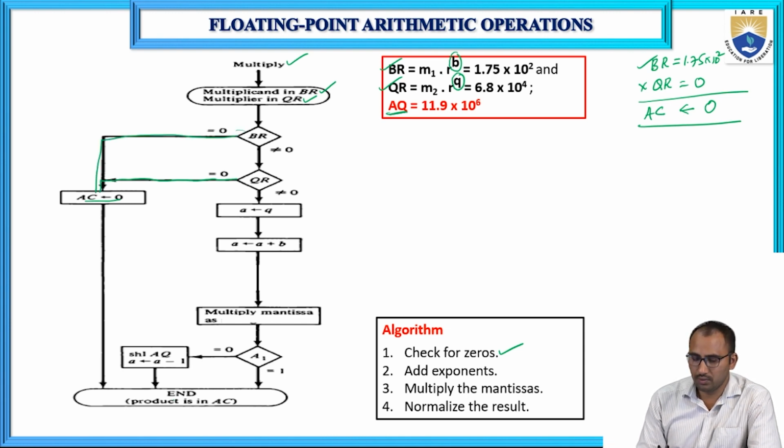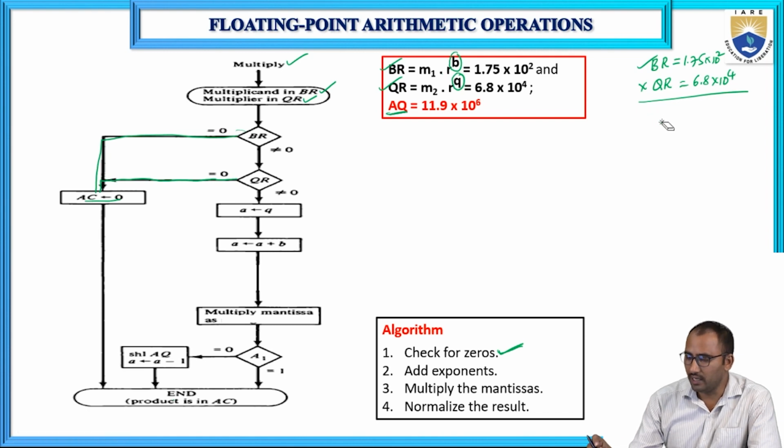So that's why first we have to check for zeros. After that, if Q also has a non-zero value, that means Q also has some finite value, which is 6.8 into 10 power 4.